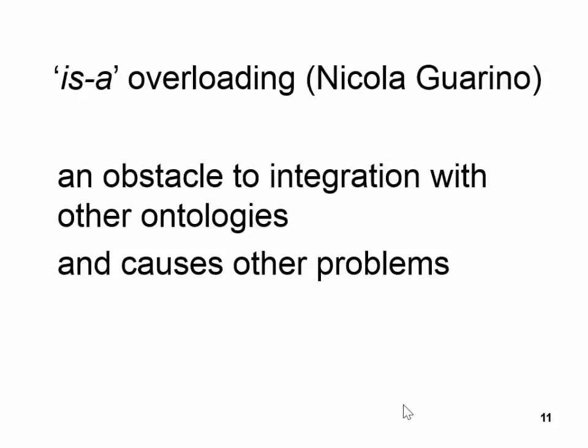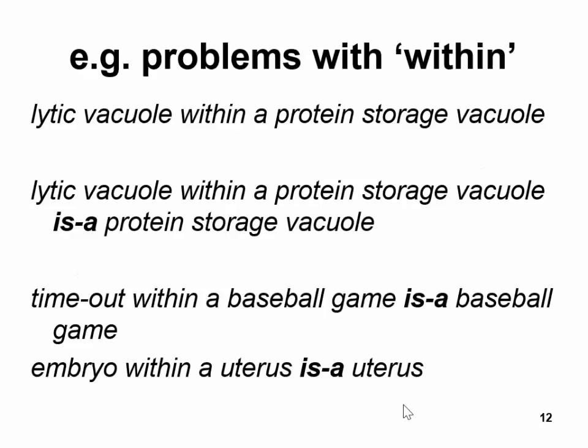And when they do that, then the ontologies don't meld together. We can't integrate the data by using the ontologies because the ontologies are built on the basis of different or differently coherent principles.